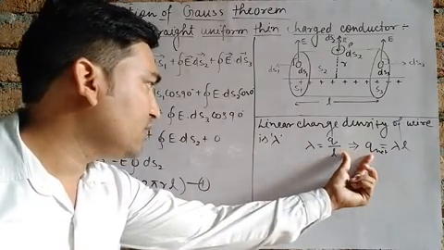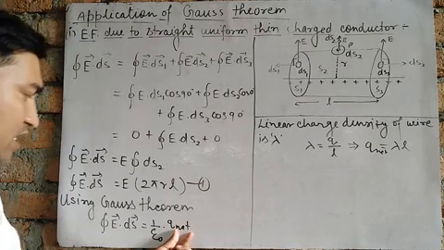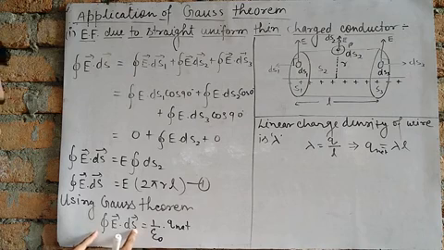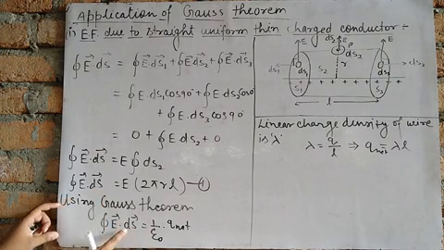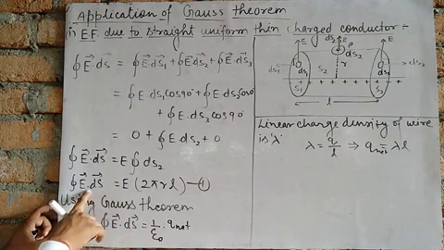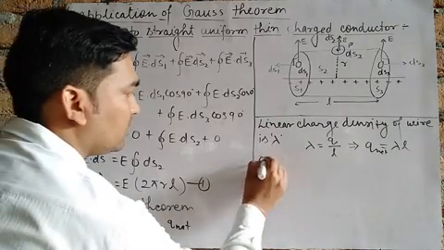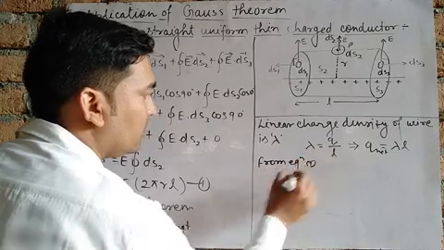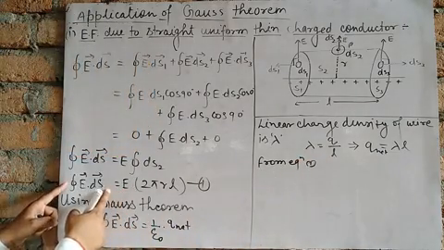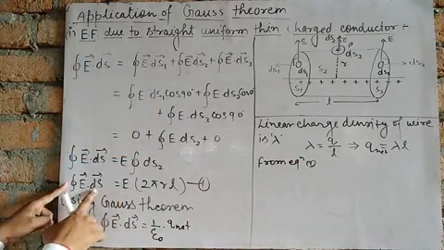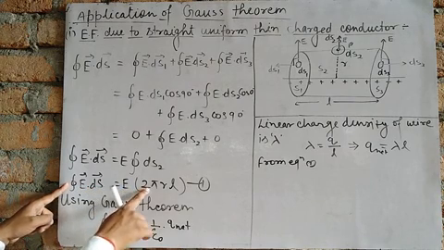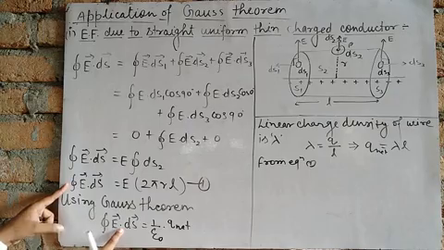By putting this value of net charge in the above equation, first of all, the left hand side is equal to E dot ds from equation 1. Put the value of E dot ds, which is E into 2 pi RL, in this equation 2.